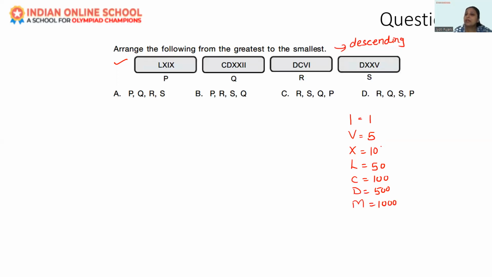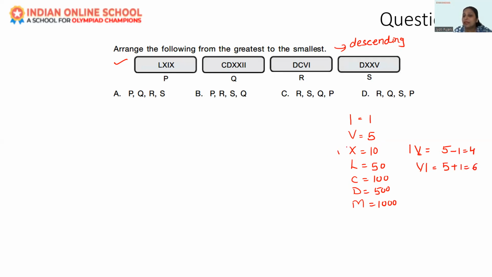If we are subtracting, we can write it like IV. V means 5, and if I put I on the left hand side, it means I'm subtracting, so 5 minus 1 becomes 4. If I put I on the right hand side, it means I'm adding, so 5 plus 1 is 6.